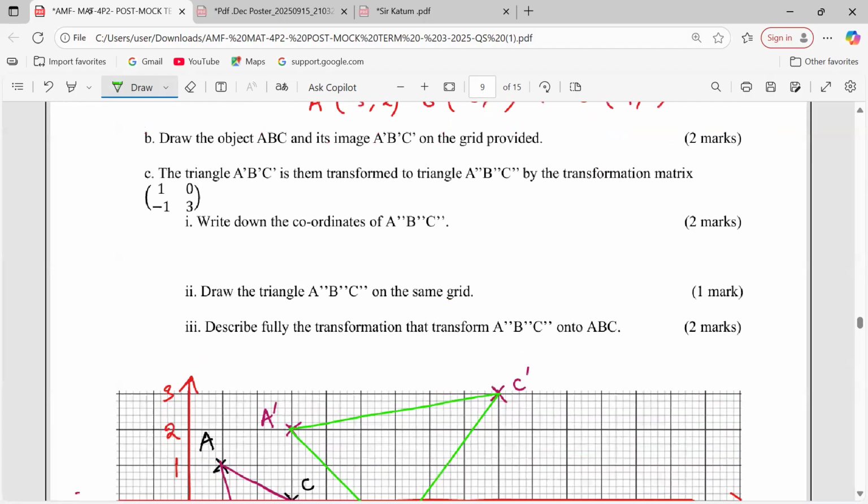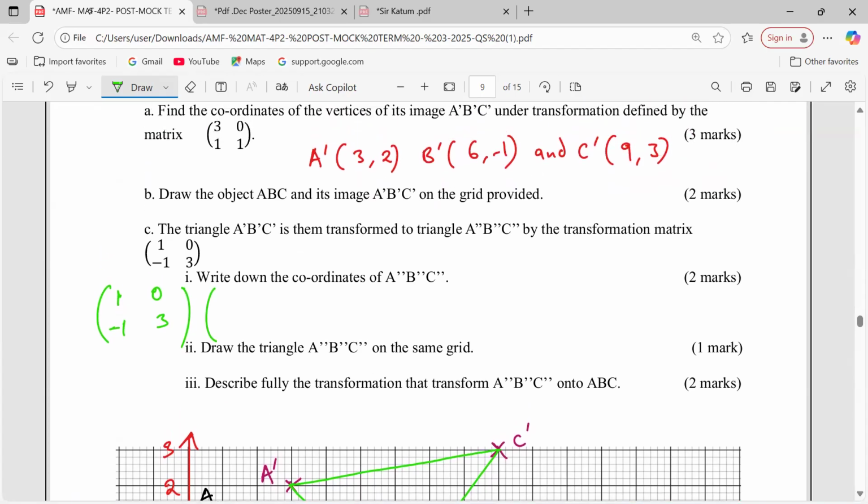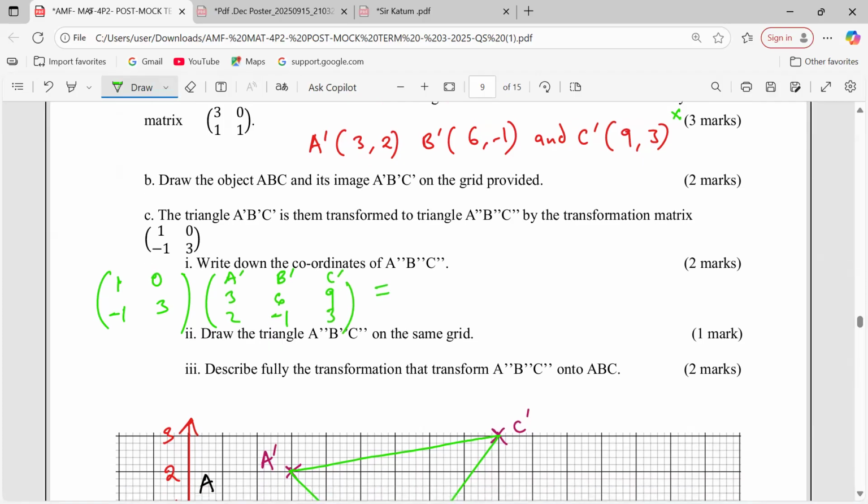Let's compute that together. We start again with matrix 1, 0, -1, 3. This should be multiplied by the object, which is now the first image here. So A prime now becomes the object, 3, 2. B prime, 6, -1. C prime, 9, 3. Let's look at this multiplication.